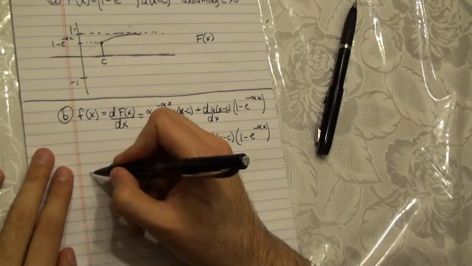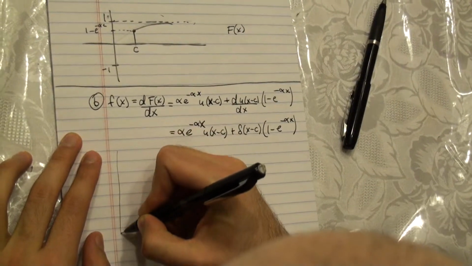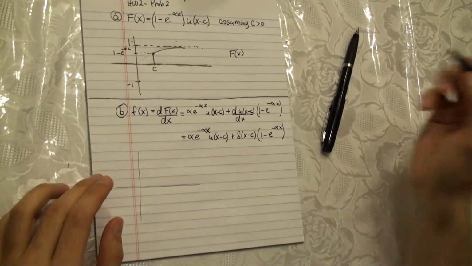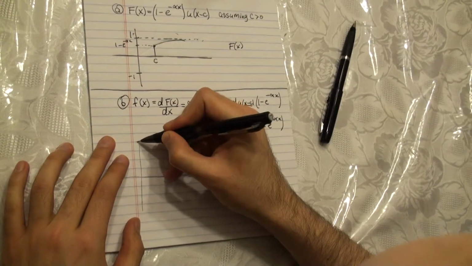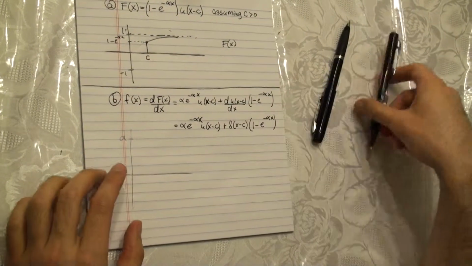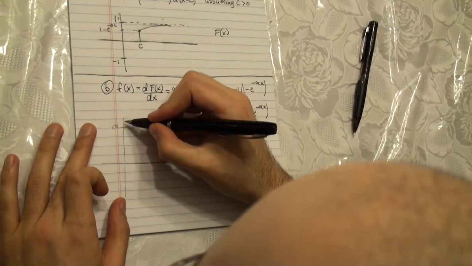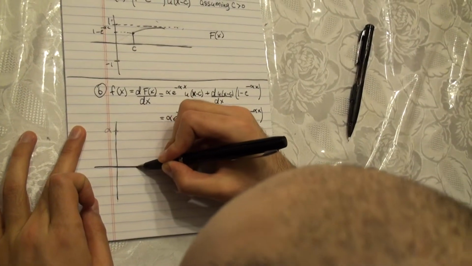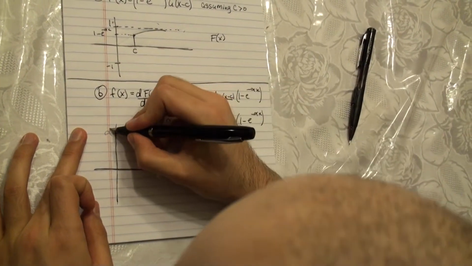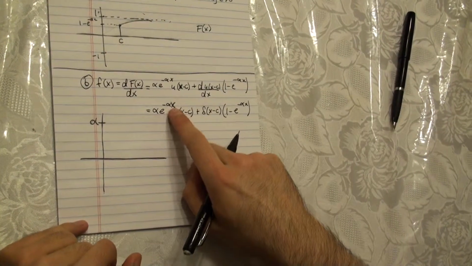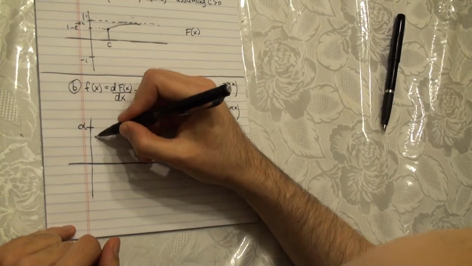So here we have our axes. I'm going to assume, by the way, that this point up here is alpha. So this exponential, let me just draw it in black so it's easier to see. We have our axis, we have the point alpha right here. So e to the minus x is going to look something like this.